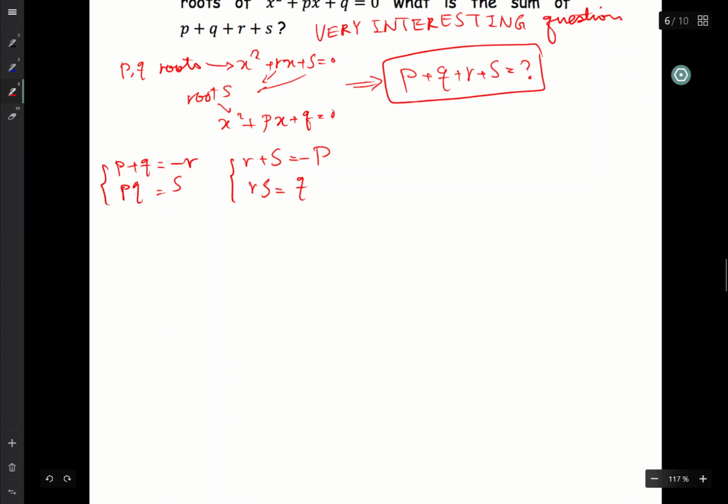So from here we conclude that p plus q plus r should be 0, and let's call this parameter that we're looking for, the sum of p, q, r, s, capital A.